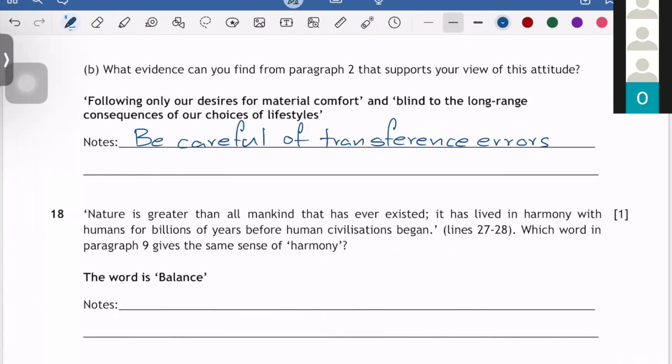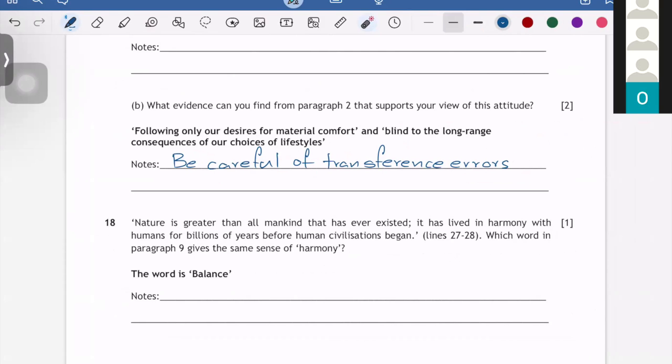So once your spelling is wrong, you will get it wrong. This would be the same for 18, because it's a direct question. Which word? All of these are direct questions.